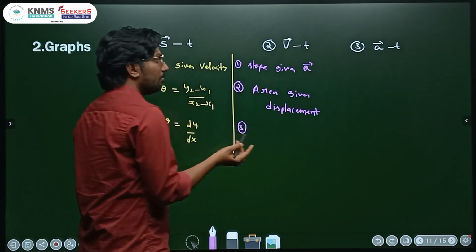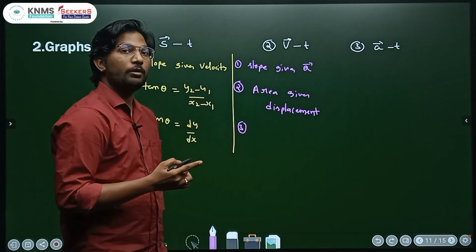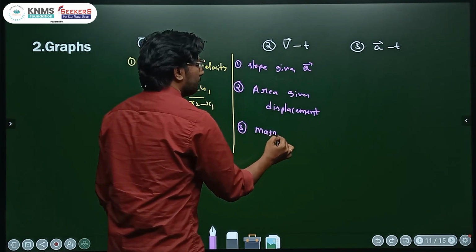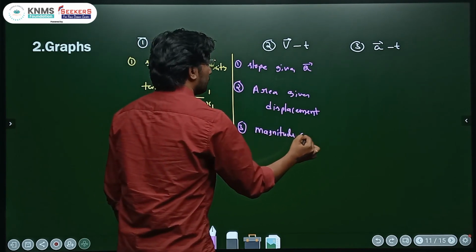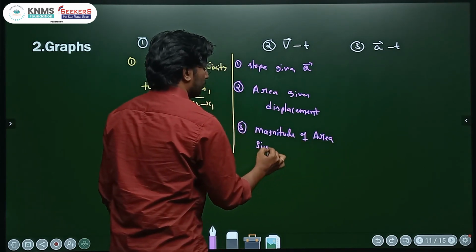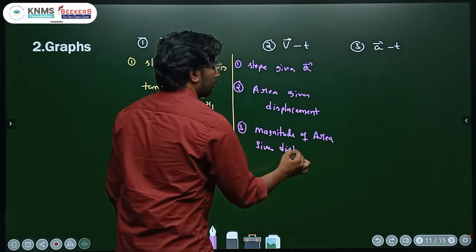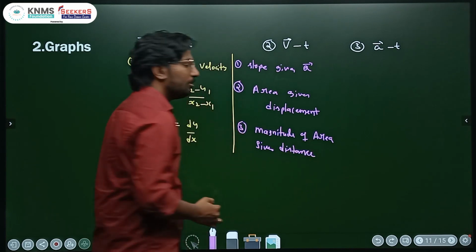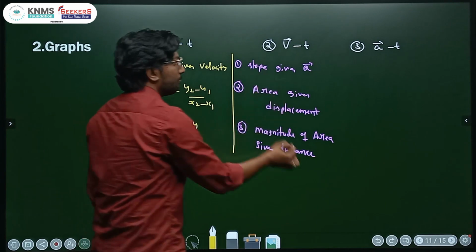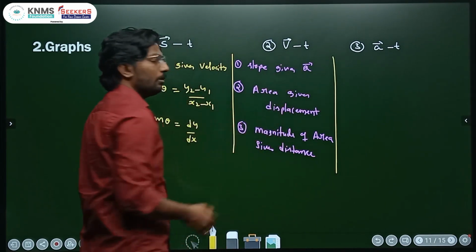From the same velocity time graph, if you want to find distance, all you need to find is the magnitude of the area. Magnitude of the area gives distance. So these are the 3 aspects we can get from the velocity time graph.